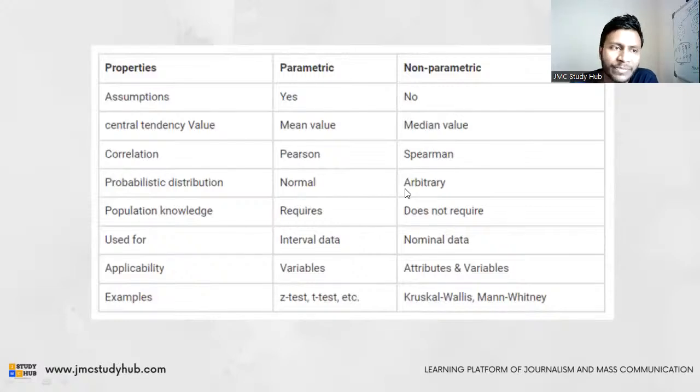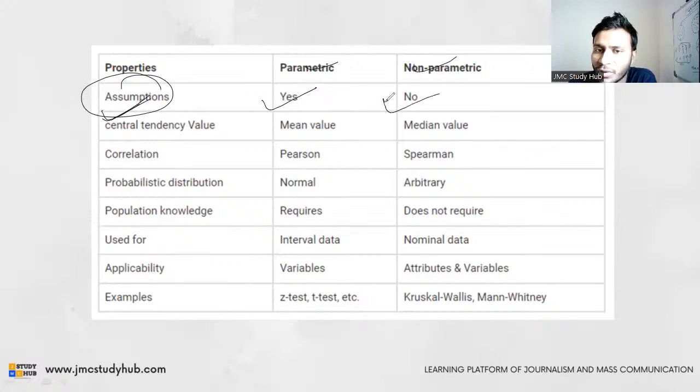In properties, we took parametric and non-parametric. Now in terms of the assumptions, we discussed that this is based on assumptions. Yes, it is based on assumptions in the parametric; no, it is not based on assumptions in the non-parametric.